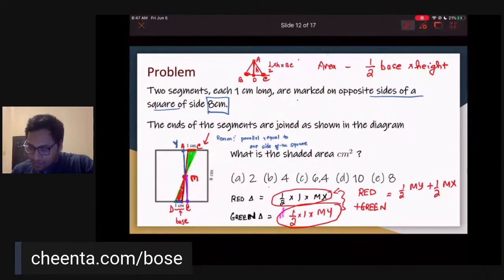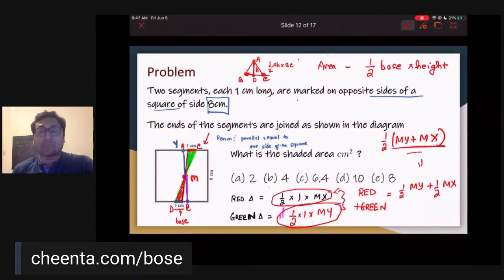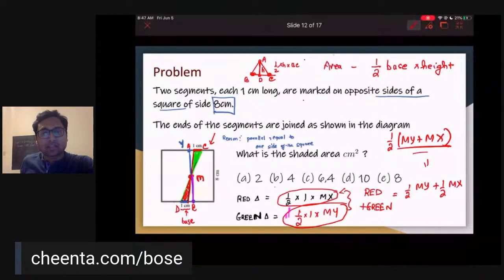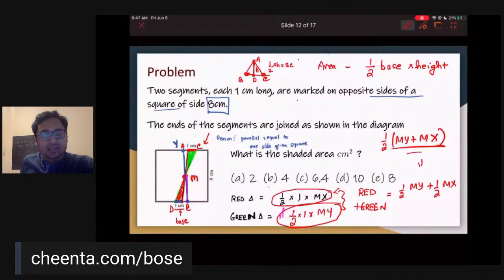Or this is the same as half of MY plus MX. So we already know what is MY plus MX. Can anyone remind me what was MY plus MX? If you remember, MY plus MX was something very simple. It is 8 exactly. So this is half times 8, which is 4.